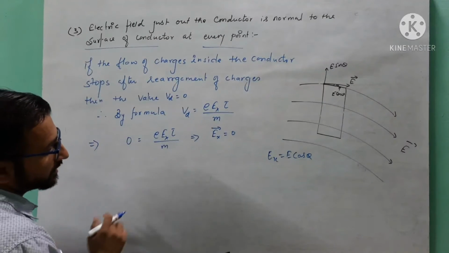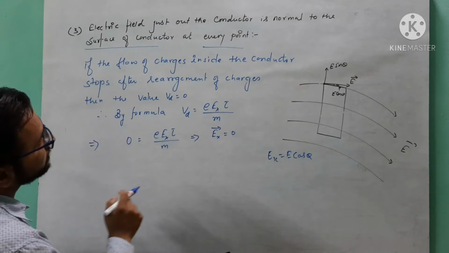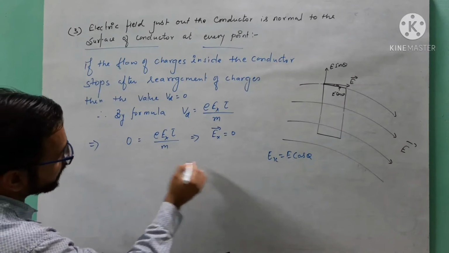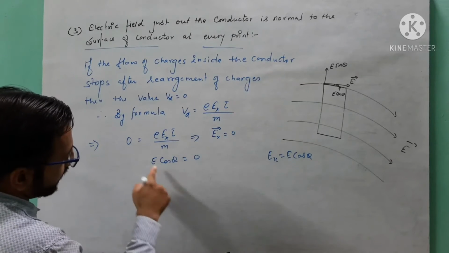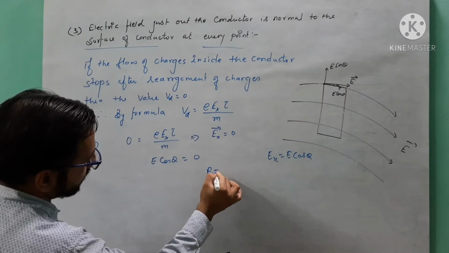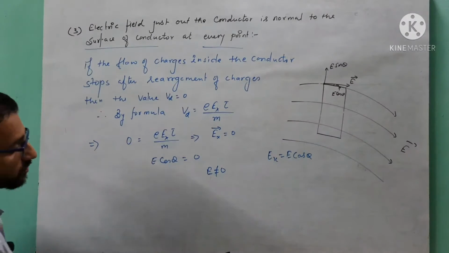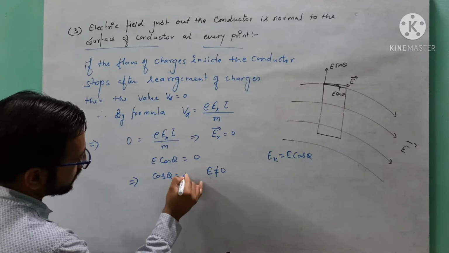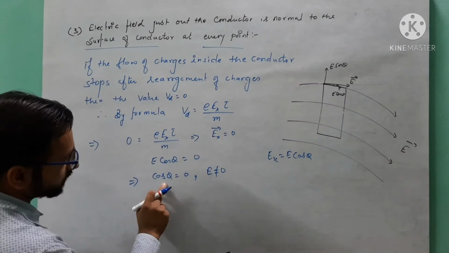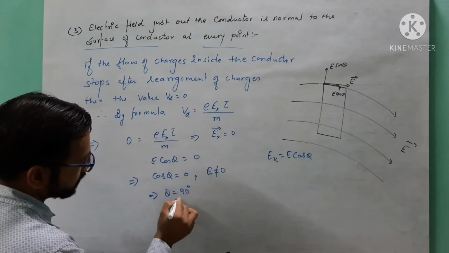So you will get E cos theta equal to 0. As we know, the electric field can't be 0 here, it has some value. So the other factor, cos theta, must be 0, which gives us theta equal to 90 degrees.